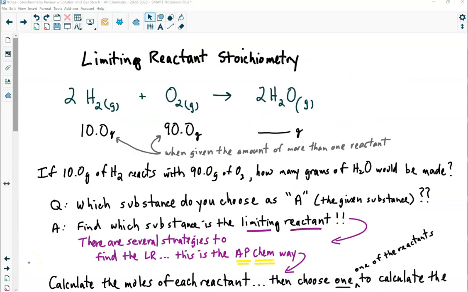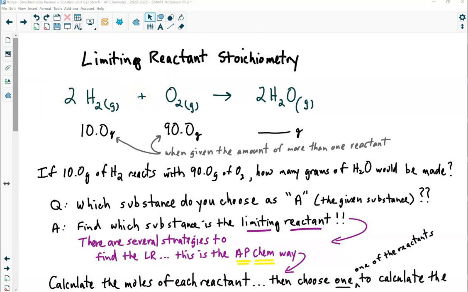Okay, now it's time to review limiting reactant stoichiometry. Recall, you might have a limiting reactant when you're given the amount of more than one reactant, and those amounts that you're given when you do the chemical reaction may or may not be in the correct mole ratio.